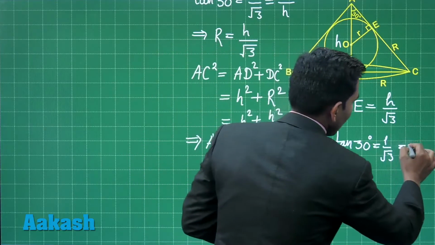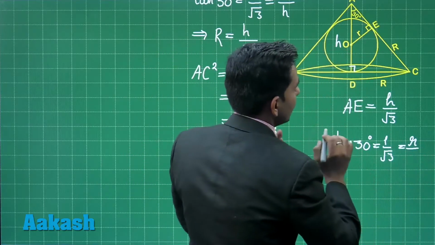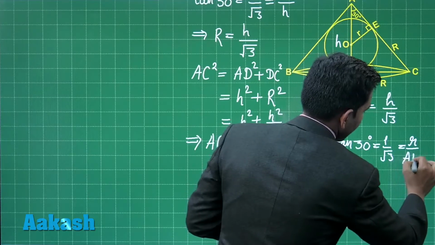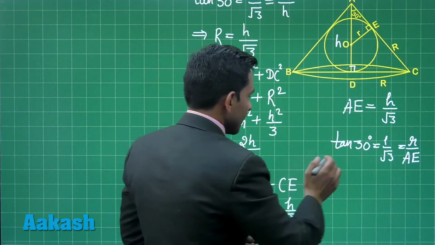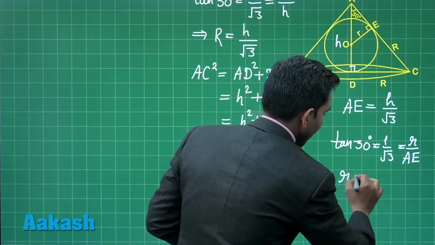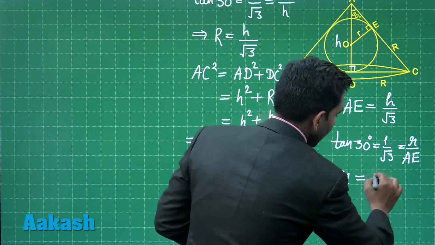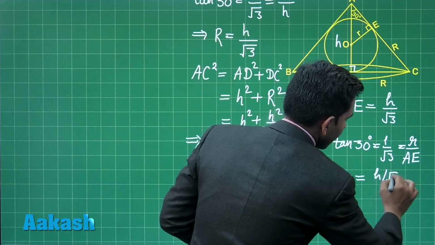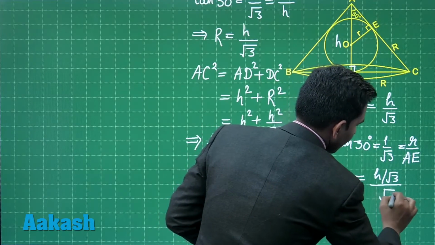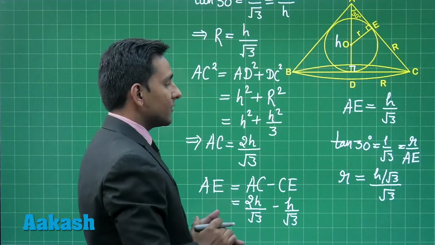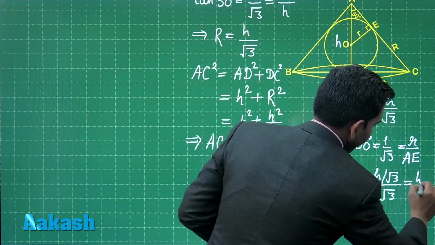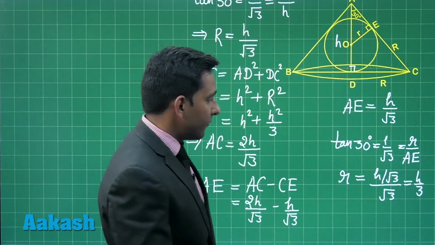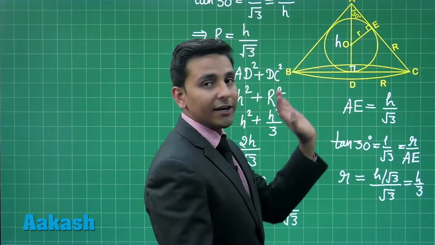That means small r divided by the length of line segment AE. AE is equal to h upon root 3 units. So here we can write the value of r is equal to h upon root 3 unit divided by root 3. So here we will get the length of r, which is equal to h upon 3. Here we get the radius of the inscribed sphere.